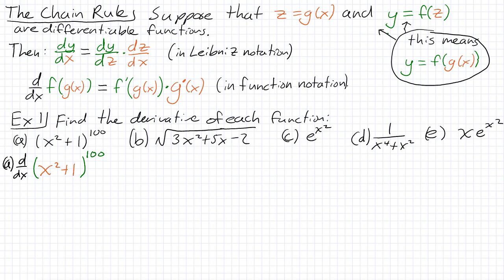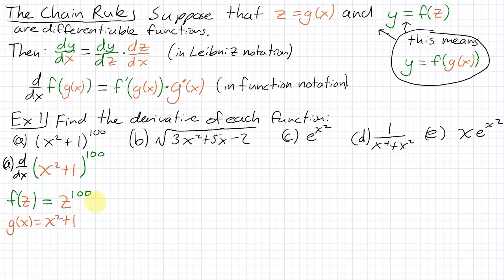So I'm going to write out the f function here. The f of z, sorry, I should write it as f of z is z to the power 100, and the z itself, we also write that as the g of x function. That's the thing on the inside, which is the x squared plus 1. And we're going to need the derivatives of each of these individual functions here. We need the derivative of the f of z function to get dy over dz, and we need the derivative of the g of x function to get dz over dx.